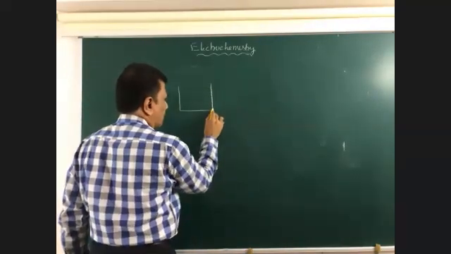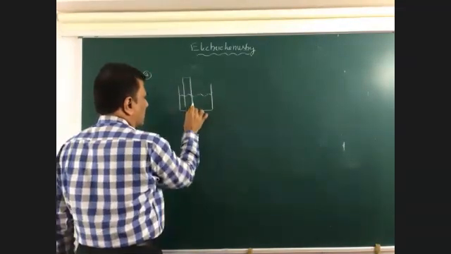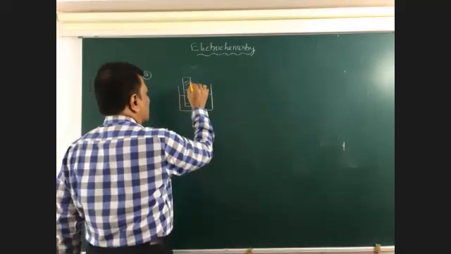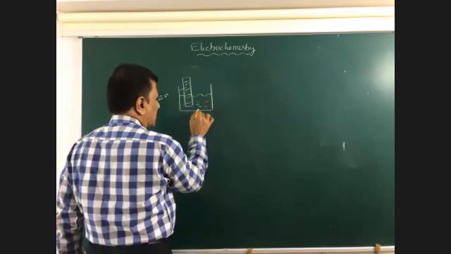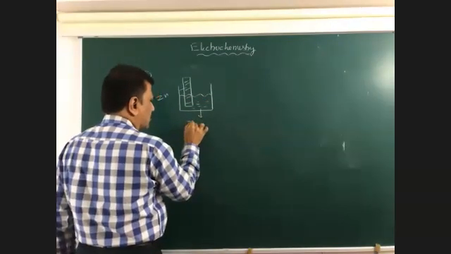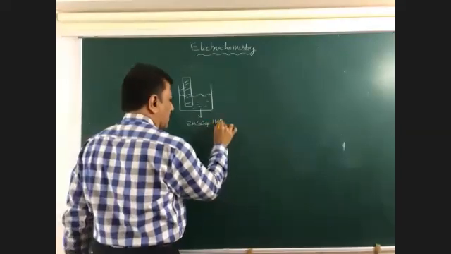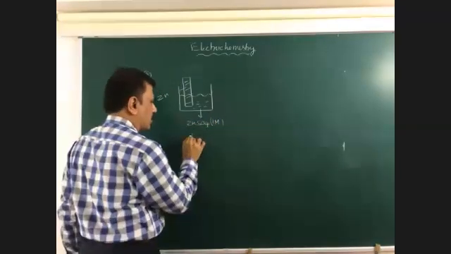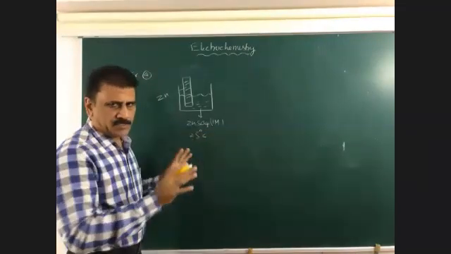A zinc rod is placed in its salt solution. This is the zinc rod. This is the zinc sulfate solution. Take 1 molar for our convenience at 25 degrees centigrade. No reaction, as I told you.